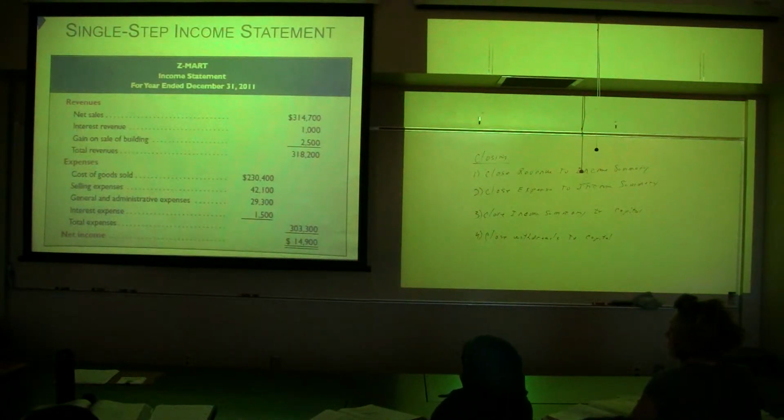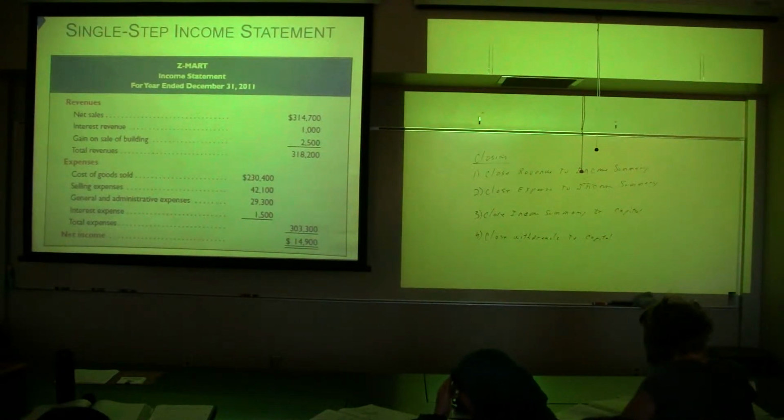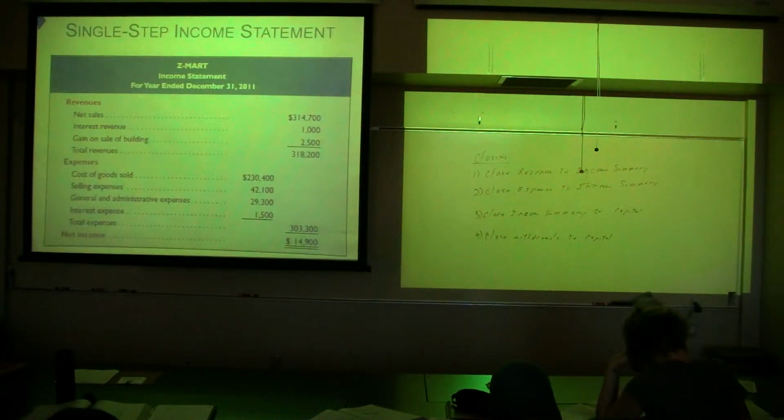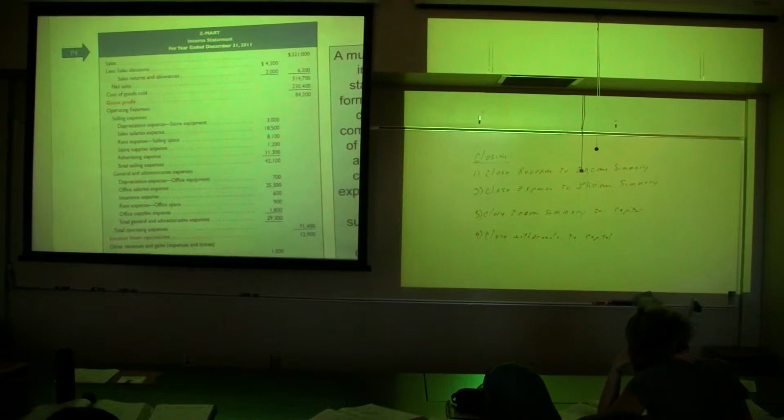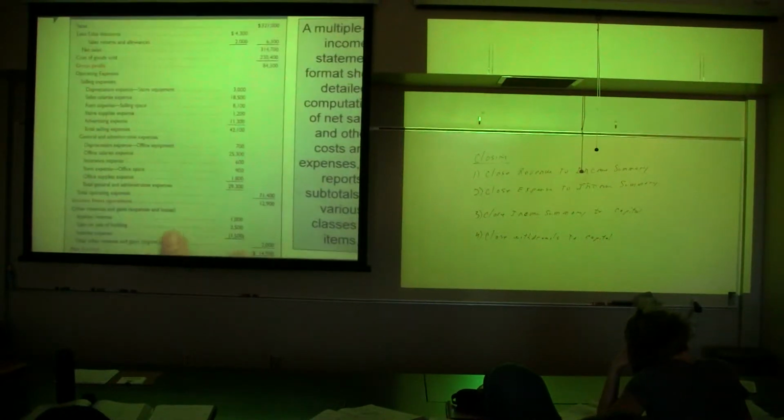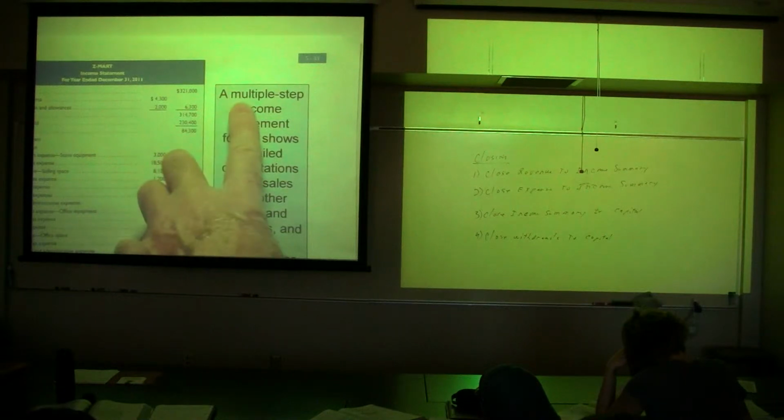Now, do you remember when we had the balance sheet? And we built the classified balance sheet, and that divided things into categories, and those categories really made it a lot easier to make sense out of that balance sheet, right? Well, the same sort of thing happens with the income statement. So we're going to have the exact same accounts, but now we're going to break them into categories. This is called a multi-step income statement.